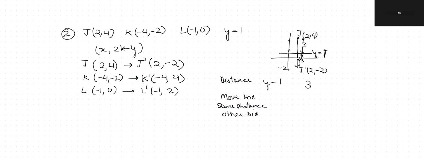So this we got 3, and we move the same distance other side, means 1 minus 3. So we get minus 2. So we get this. Okay.